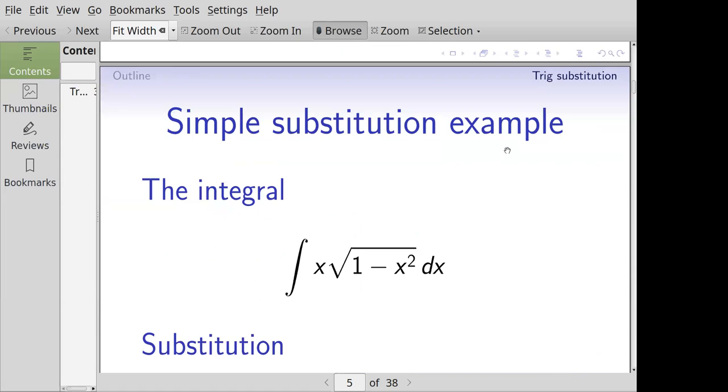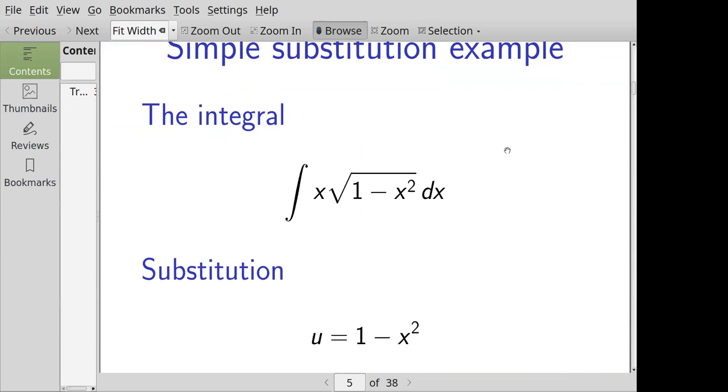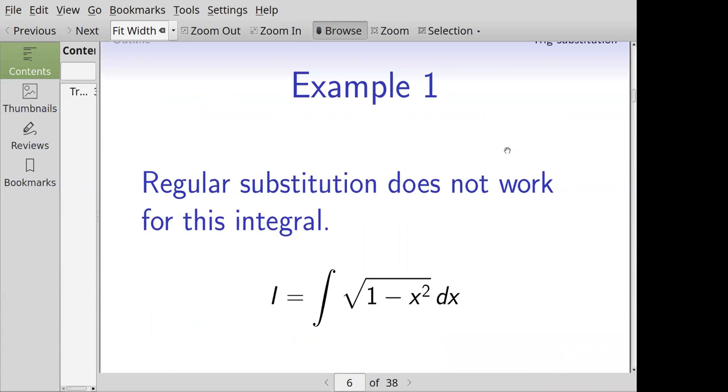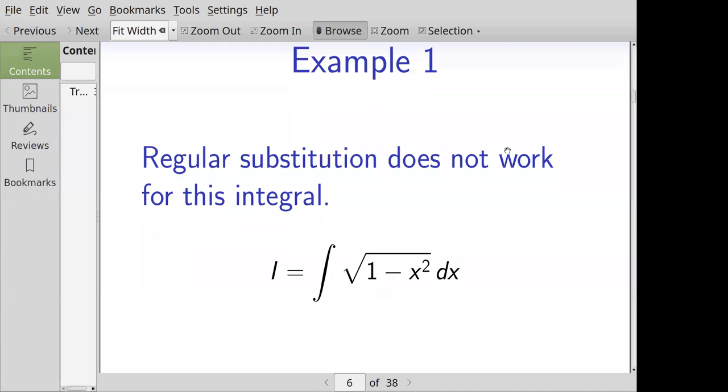For example, if you have the root of 1 minus x squared in your integral, and you've also got an x dx, then I would suggest using the substitution u equals 1 minus x squared instead of a trig substitution. On the other hand, when you don't have a multiple of x dx in the rest of the integral, then we have the possibility of using a trig substitution.